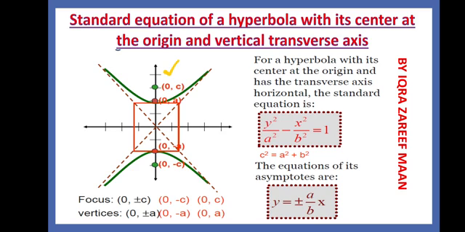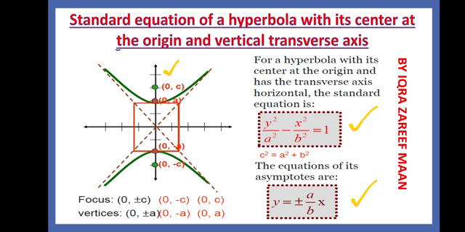Finally we have the equation y square over a square minus x square over b square is equal to 1, where c square is equal to a square plus b square, and the equations of the asymptotes are y is equal to plus minus a over b into x. Plus minus indicates the 2 asymptotes of the hyperbola.